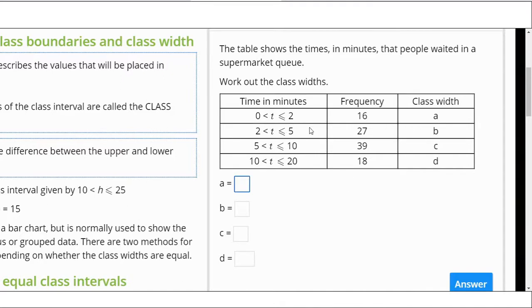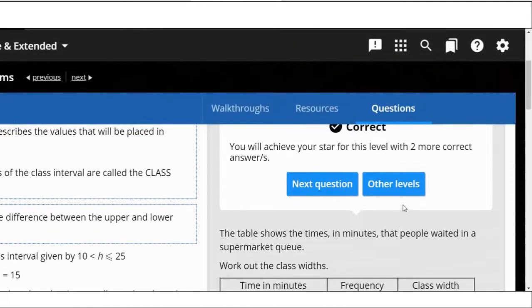So here simply 2 minus 0, so it will be 2, right? So for B, 5 minus 2, it will be 3. And C, 10 minus 5, 5. D, 20 minus 10. So it's 10. Check the answer. So it's correct.